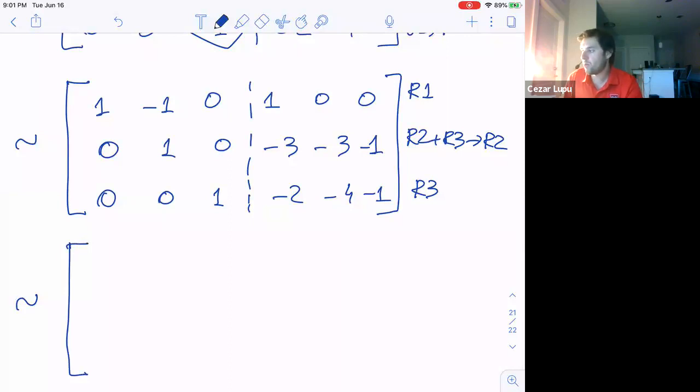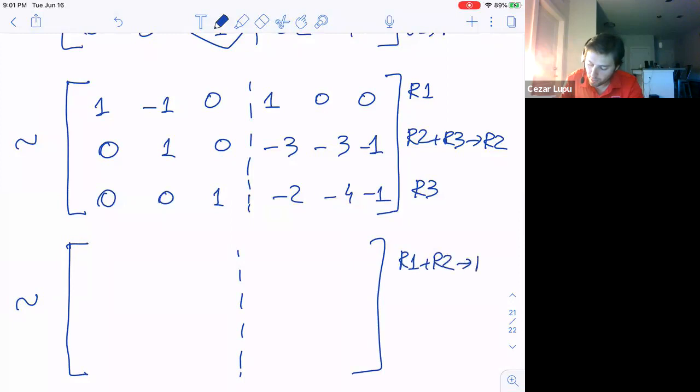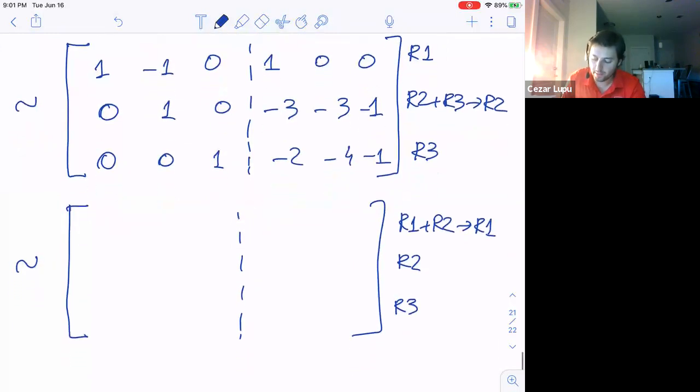We're going to do R1 plus R2 to become the new R1. So R2 and R3 will stay the same. So we'll have the following.